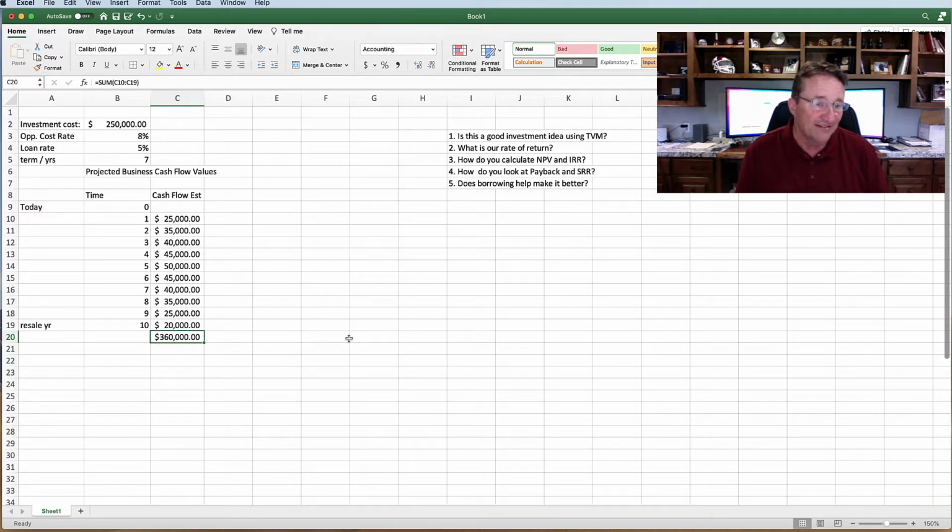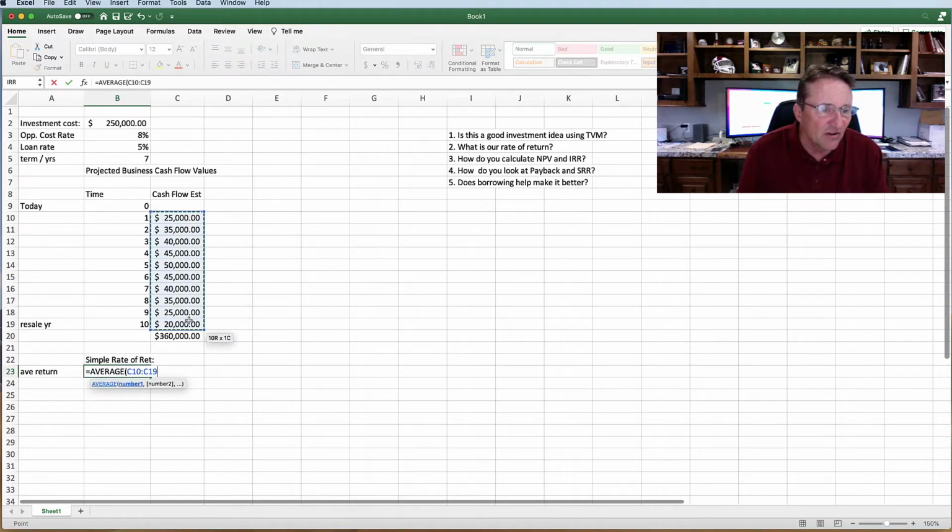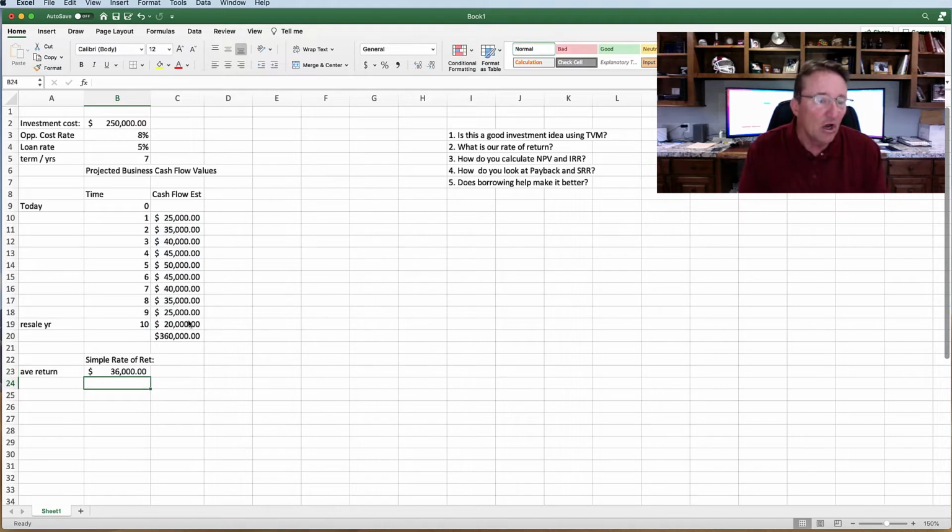In fact, there is something I'll introduce called simple rate of return, and a lot of people do this on investment ideas. What you're going to look for is the average return that you have. So if you do equals average, you can get a quick average of all of those numbers. Annually, we average about $36,000.